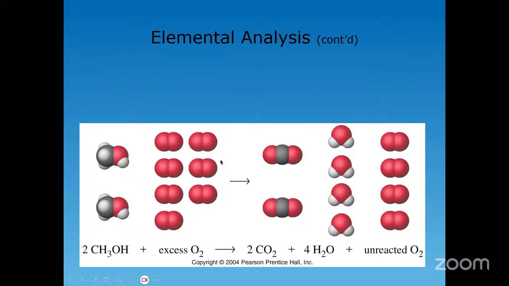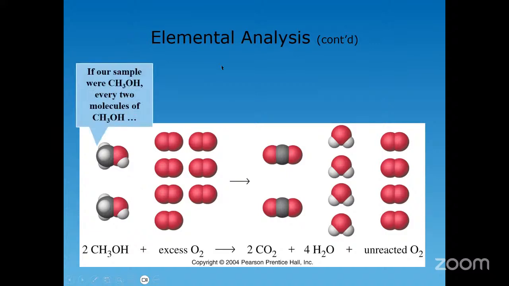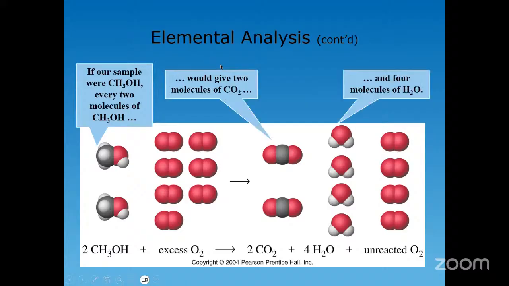So the oxygen is the excess reactant. As we said before, you can take the masses of the carbon dioxide and the water to determine the mass of carbon present in the original methanol, and therefore you can determine the percent of each element present in methanol experimentally.